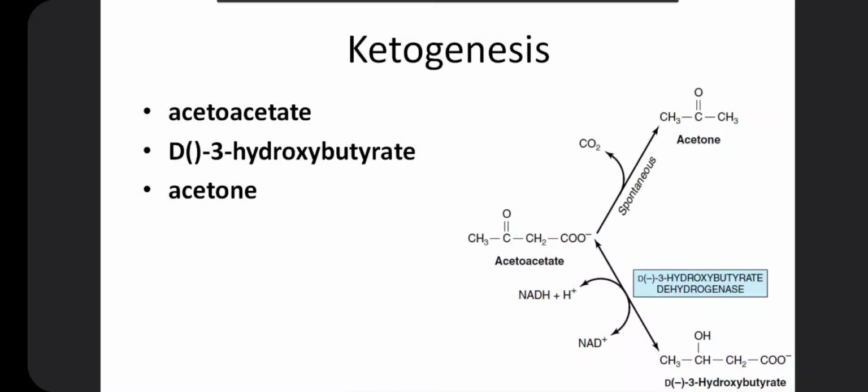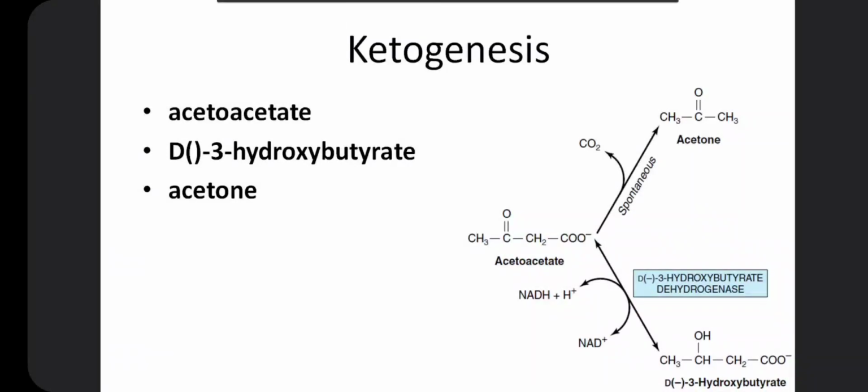So in this situation, the body has a high level of glucagon, right? Because they cannot use the glucose effectively, the blood glucose level will be increased, and the body has a high level of glucagon.